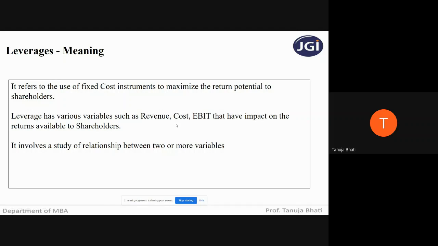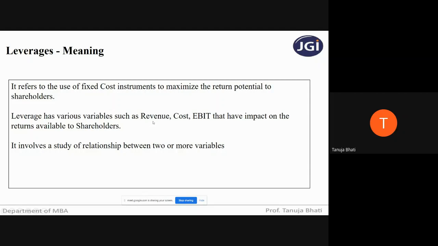Suppose you are manufacturing a particular product, and if your sales are very high, obviously to manufacture so many products, your fuel expenses, your electricity expenses, or your salaries will also increase. Your wages will also increase depending upon your volume of sales. So variable expenses are directly related to the volume of sales.